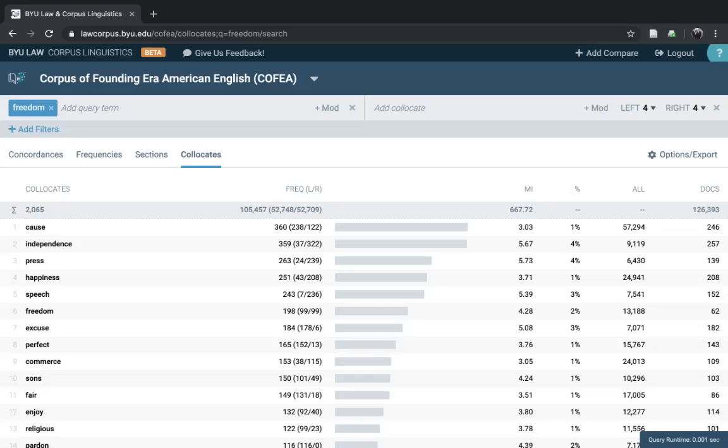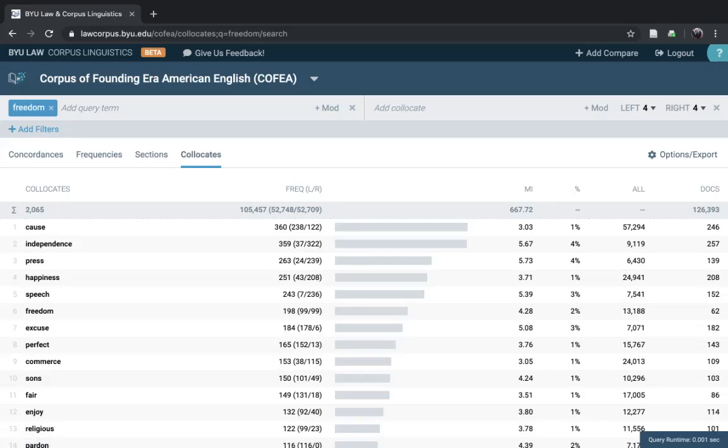So first, let's look at some of the settings. This left and right option up here in the top right just indicates how many words to the left and to the right of our query term we're looking. The default setting is 4 words to the left and 4 words to the right, which is a pretty good place to start.